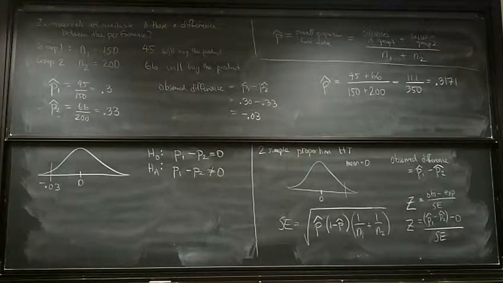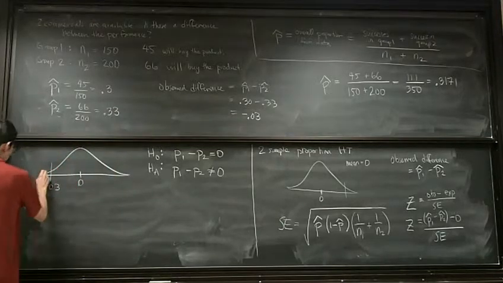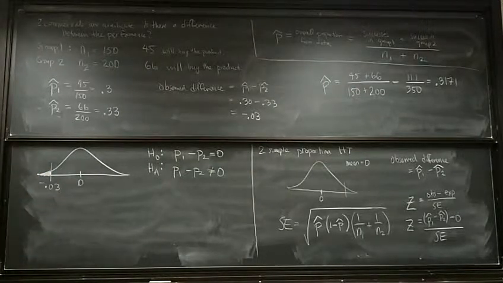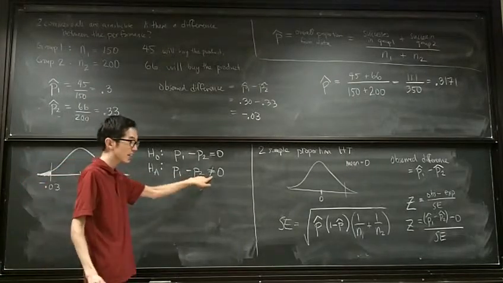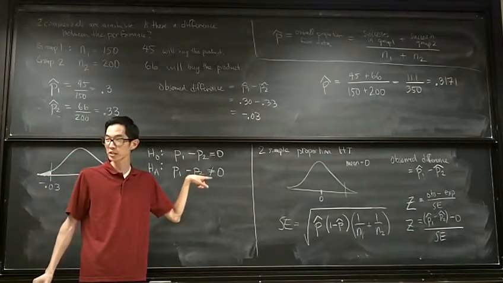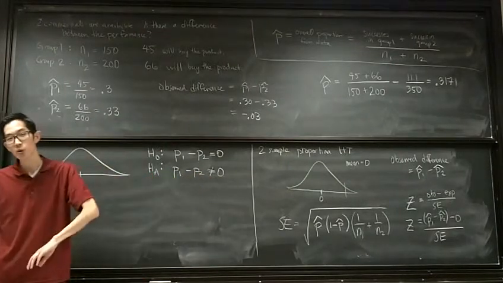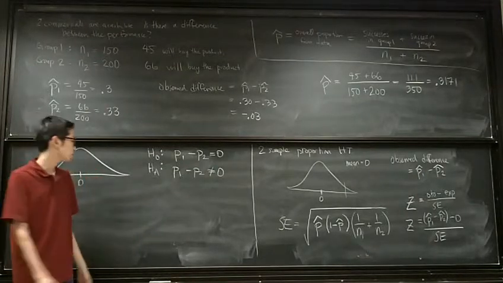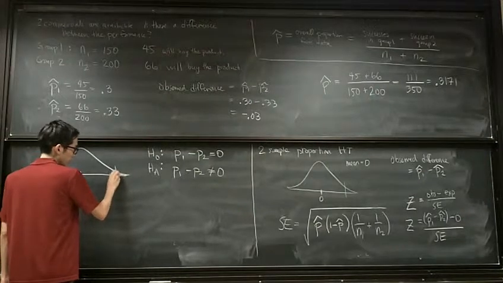I saw a difference where commercial 1 was 3 percentage points less than commercial 2. So I want to know what's the probability of getting a 3 percentage point difference or something more extreme. Okay? Because I have a not equal to sign here, I would be interested if commercial 1 did worse or if commercial 2 did worse. So I'd be interested in both a 3% negative and a positive 3% difference.